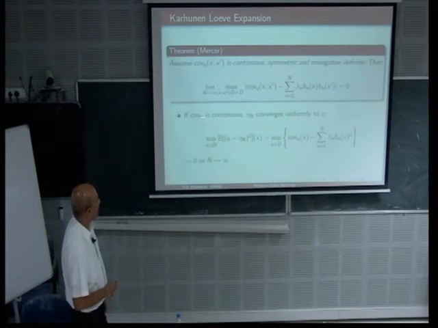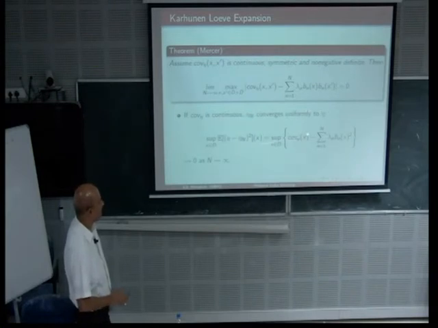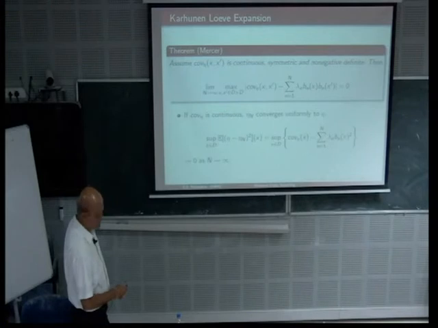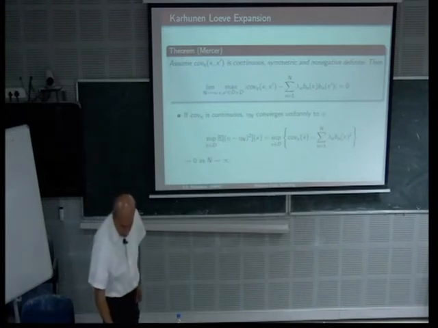So if the covariance is continuous, eta n converges to eta because of this inequality that holds because of this result. Use this on the right side. This is pretty simple to obtain, simple algebra. Use the properties of the mean, use this result on the right side, and you have this convergence in the strong sense.